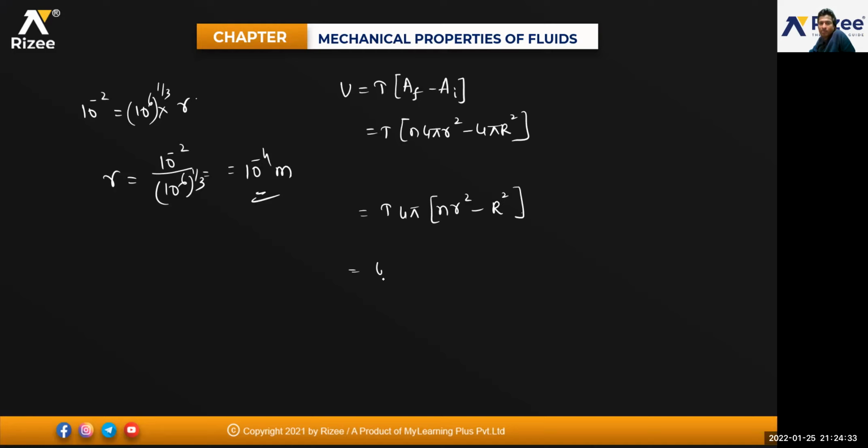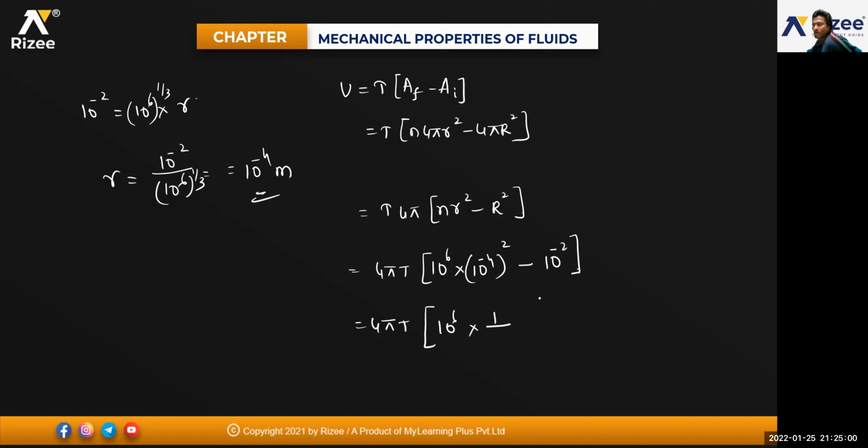So that will be equal to 4 pi into T into n, the number of droplets, 10 to the power of 6, into 10 to the power of minus 4 whole square, minus capital R square. Capital R square is how much? 1 centimeter, that means 10 to the power of minus 2, squared, which is 1 by 100.